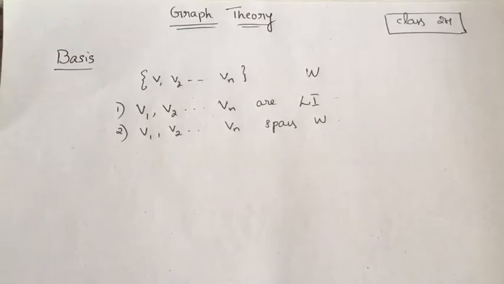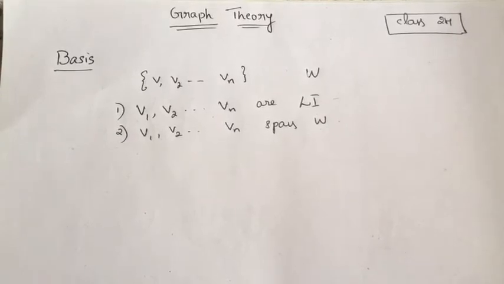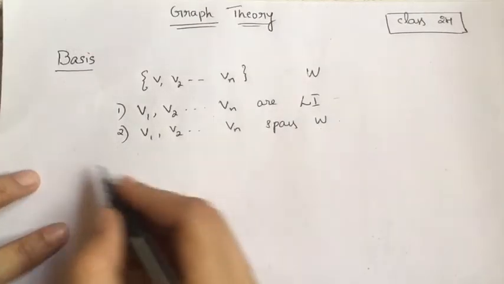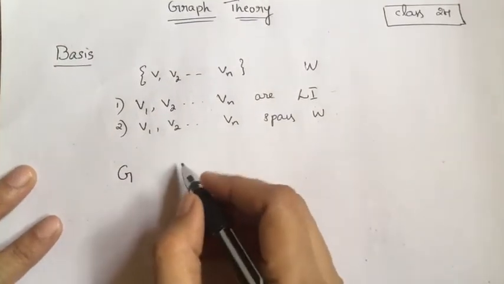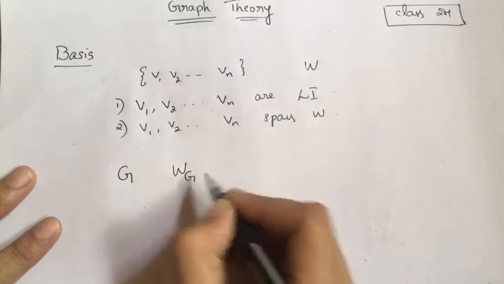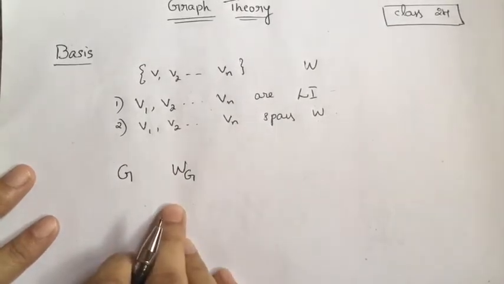Now, the vector space, basis for a graph, basis vectors of a graph. We know that with each graph G there is an associated vector space, which I'll denote as WG.